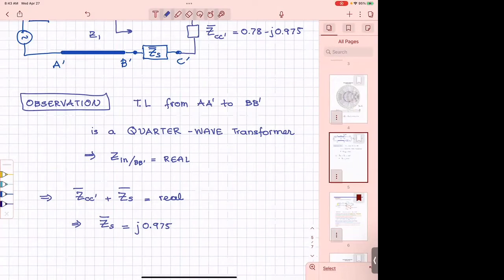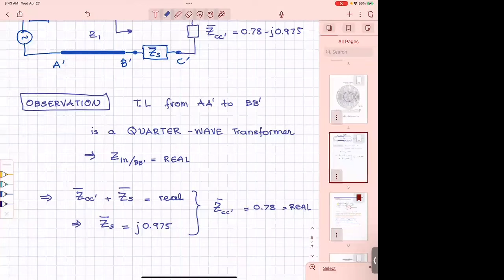In this case, my ZCC prime becomes 0.78, which is real. So if I manage to make ZS this one, then I'm done.